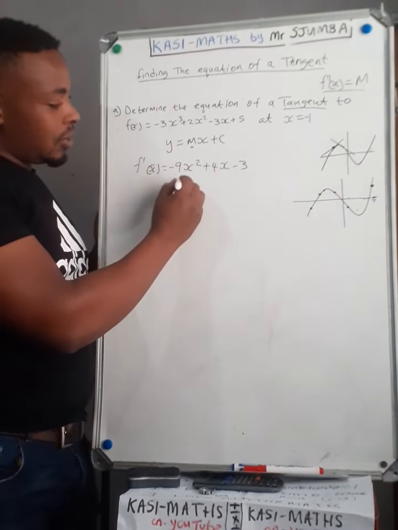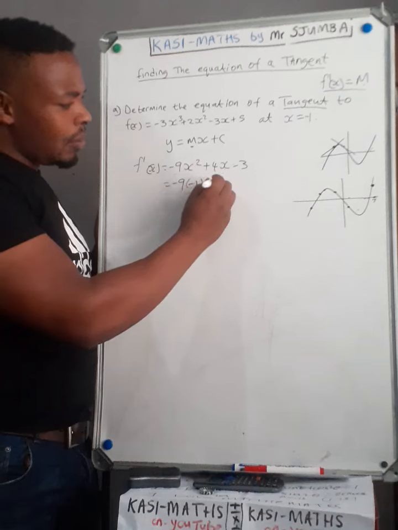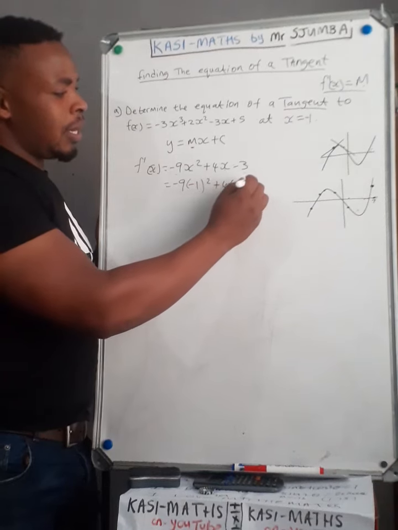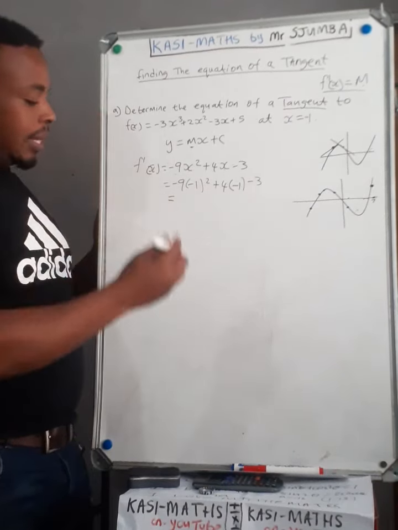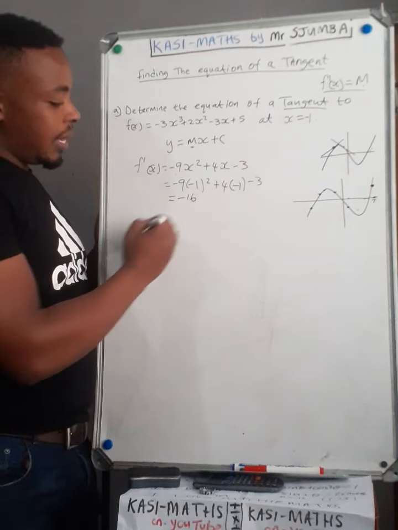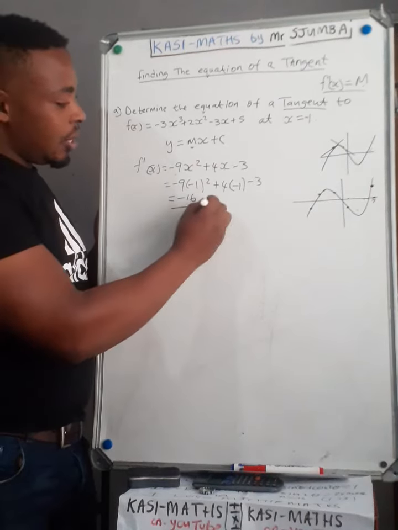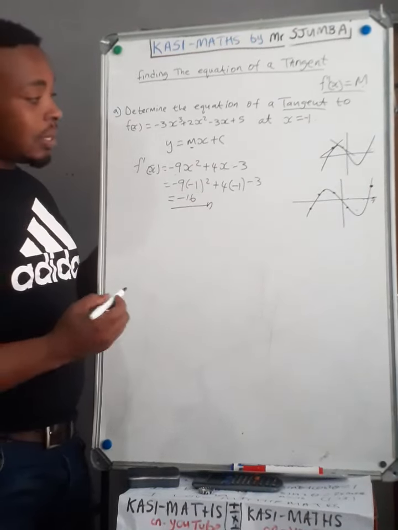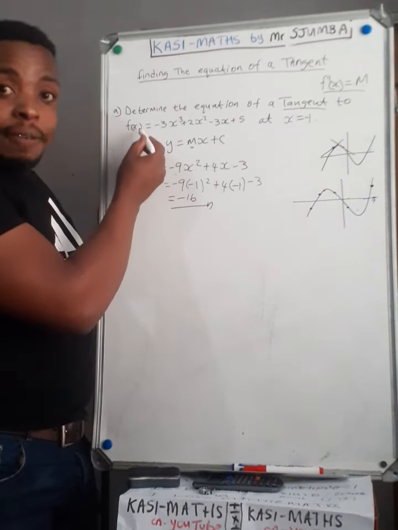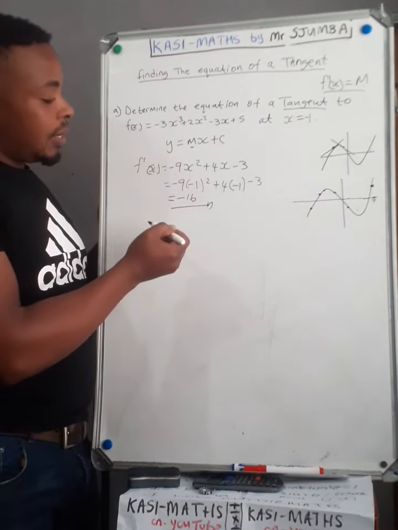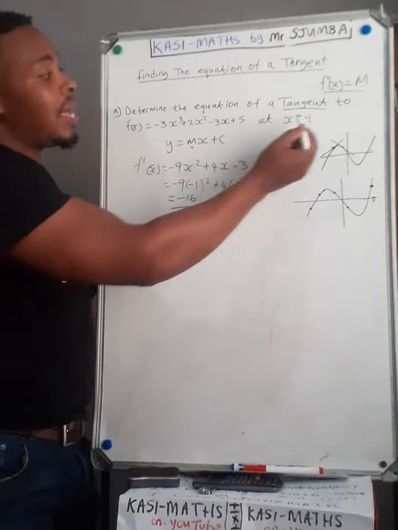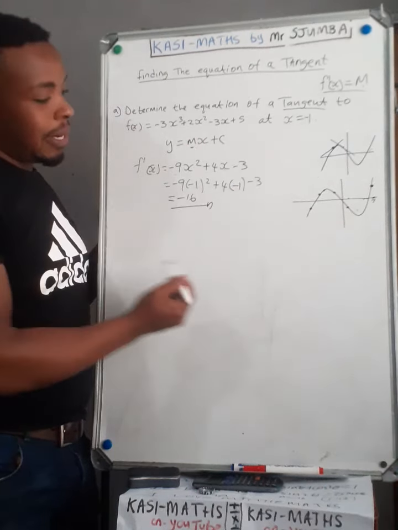So we substitute minus 1, minus 9 times minus 1 squared plus 4 times minus 1, minus 3, and the answer will be negative 16. So in the equation of f, where x is minus 1, the gradient is minus 16.